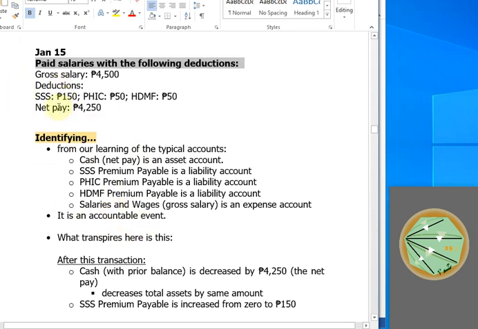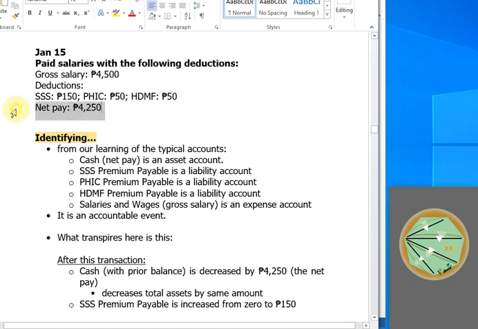Both are important, as I have said, but the hiring is non-accountable, while the payment of the salaries is an accountable event. We have here the gross salary of the employee, because the employee is paid every 15th of the month. Gross salary of 4,500. We have the deduction for SSS, PhilHealth, HDMF, all with a sum of 250.